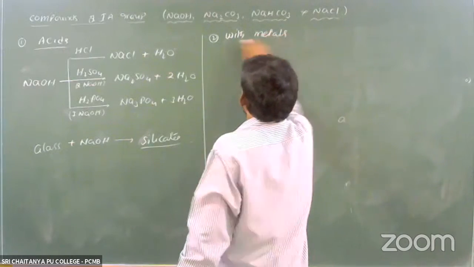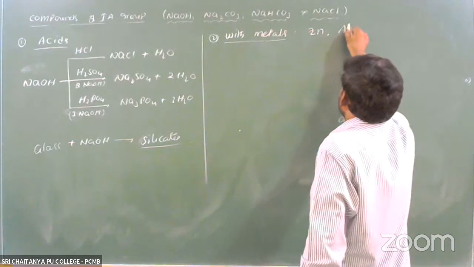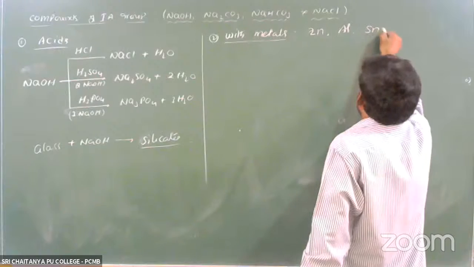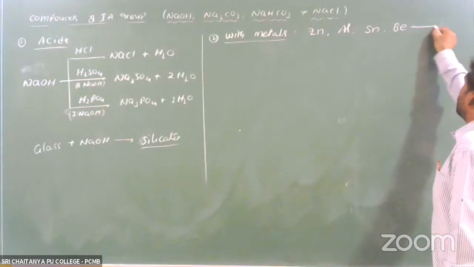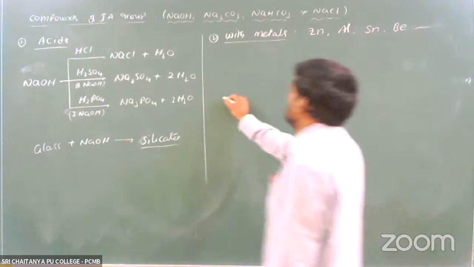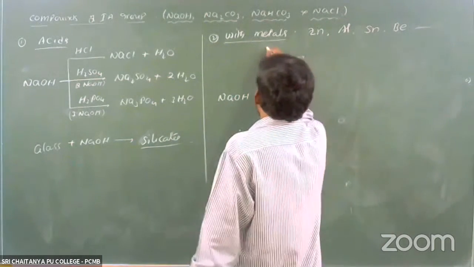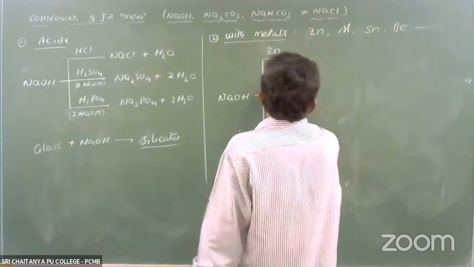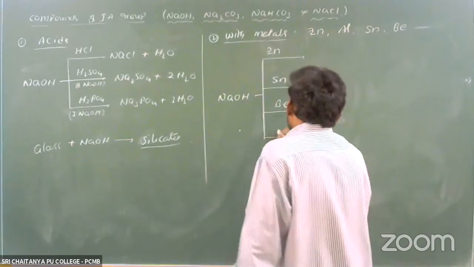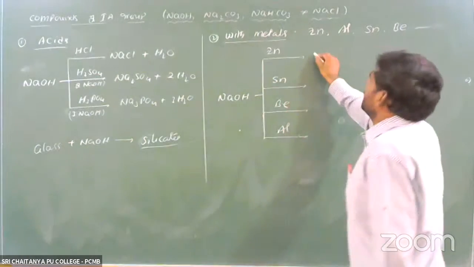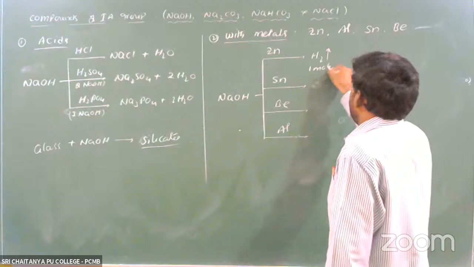With zinc, aluminum, tin or beryllium metal, sodium hydroxide liberates hydrogen gas. It liberates 1 mole of hydrogen gas with zinc.